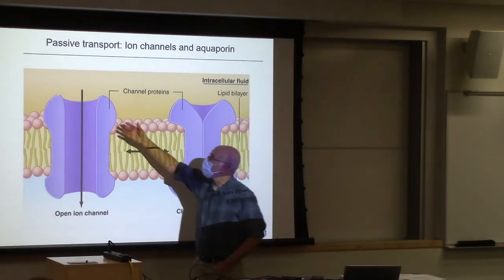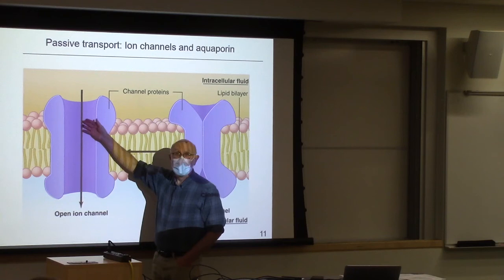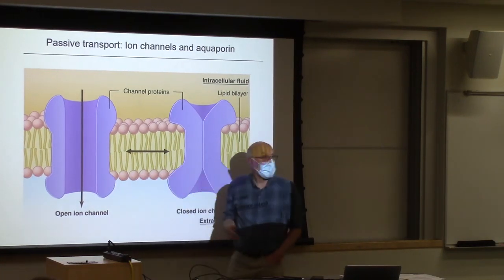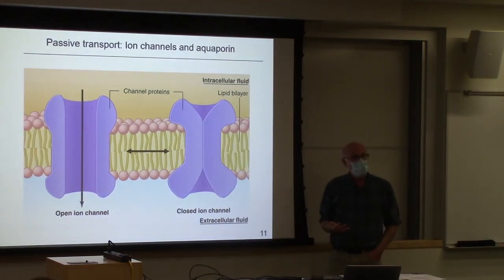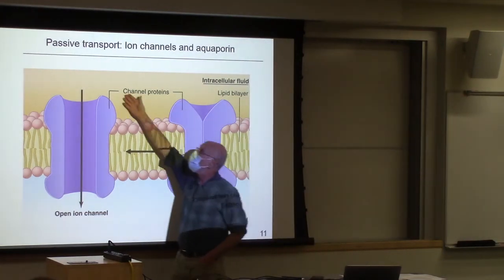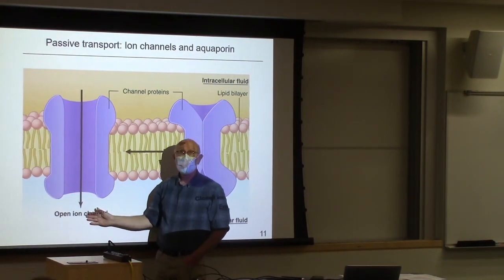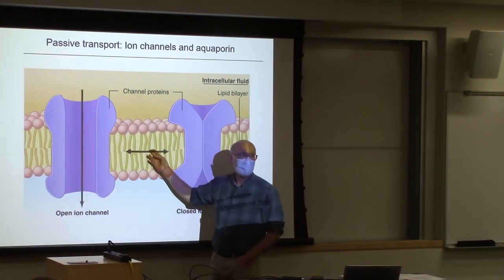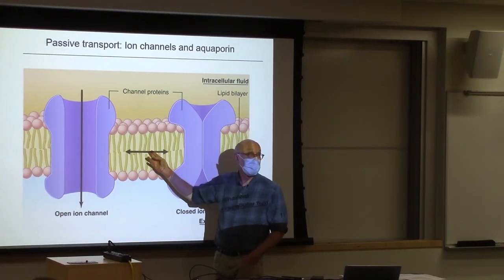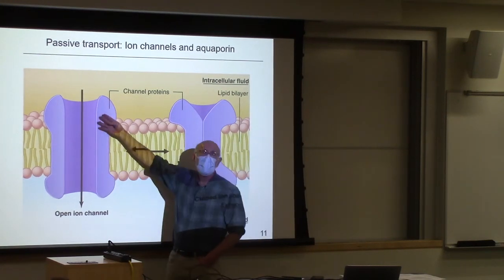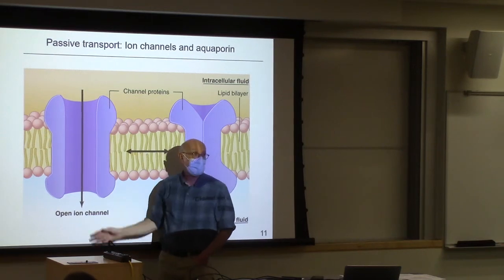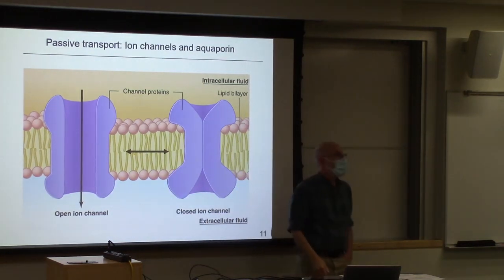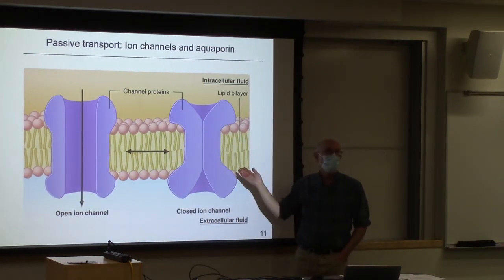There are binding sites, but the movements through these binding sites are very fast, and many ions can move per conformational change. So when the channel opens, hundreds or even thousands of ions can move. And then the channel might undergo a conformational change to the closed condition.